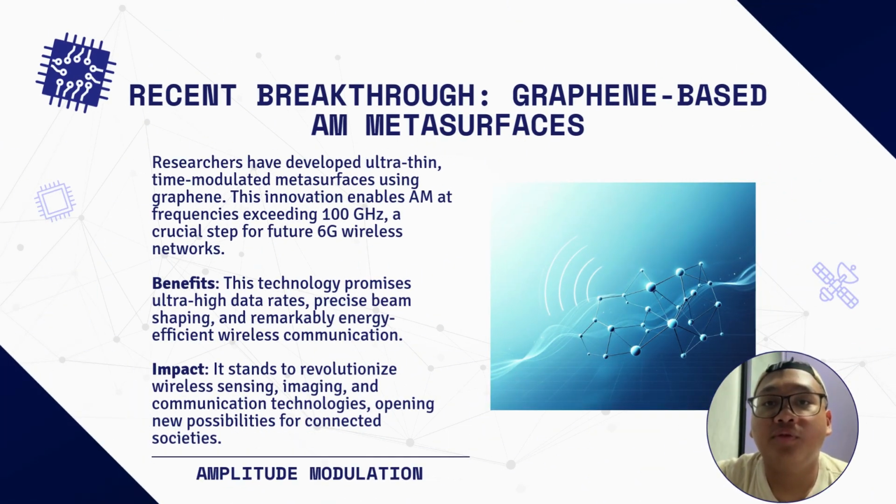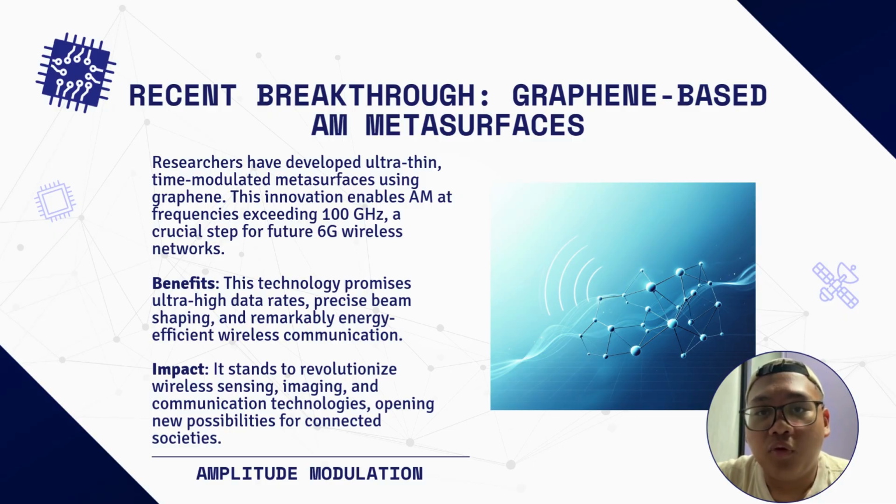Next, we are going to highlight a recent breakthrough in the field of amplitude modulation. Researchers have developed an ultra-thin time-modulated metasurface using graphene, allowing AM operation at frequencies above 100 GHz. This advancement is very important for future 6G wireless systems where extremely high data rates and efficient signal control are required. The benefits of this new technology are quite significant.